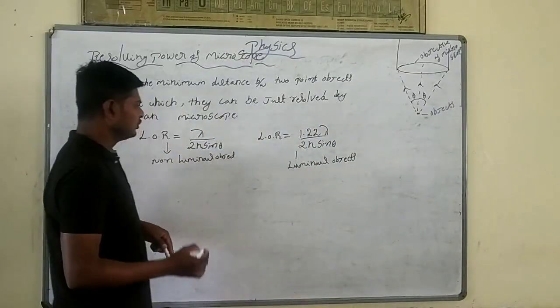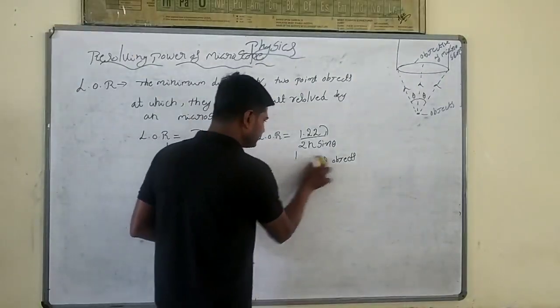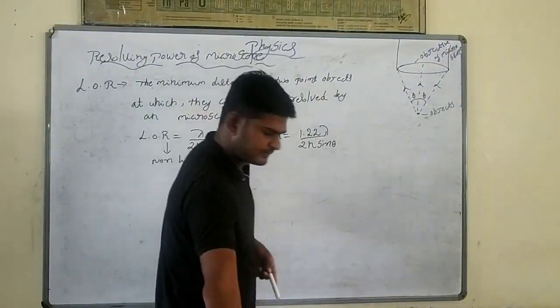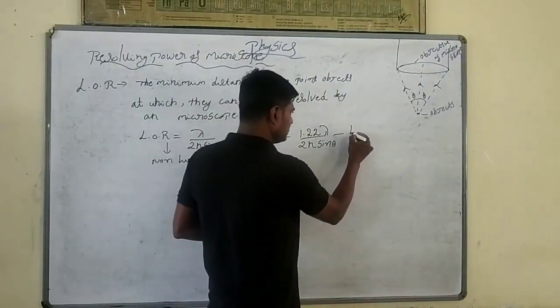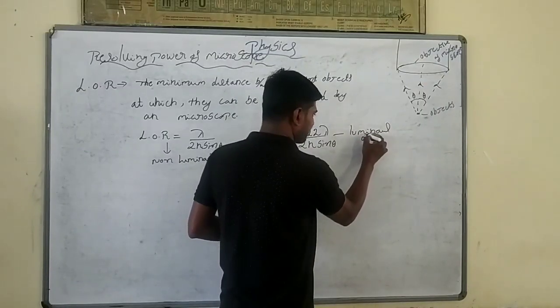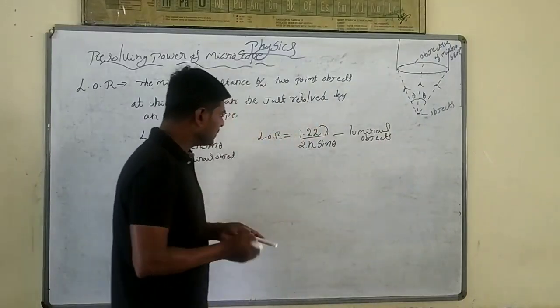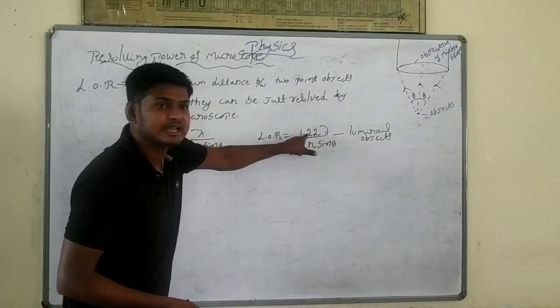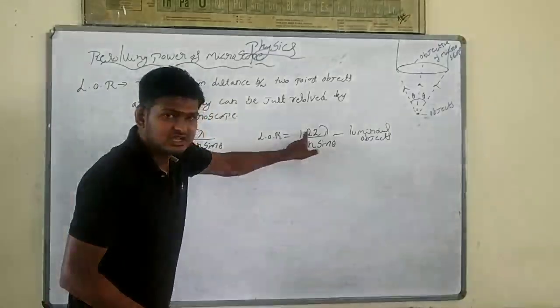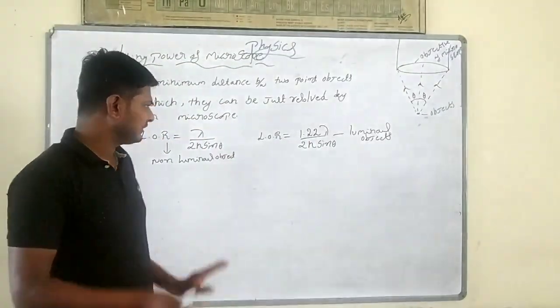This is for luminous objects. This 1.22 is the correction factor due to diffraction effects.